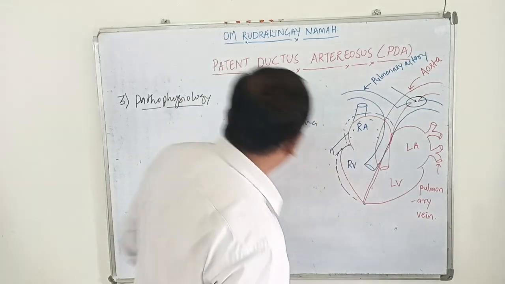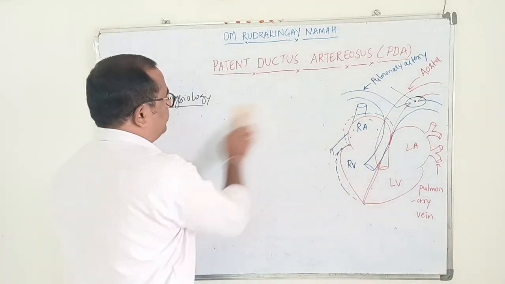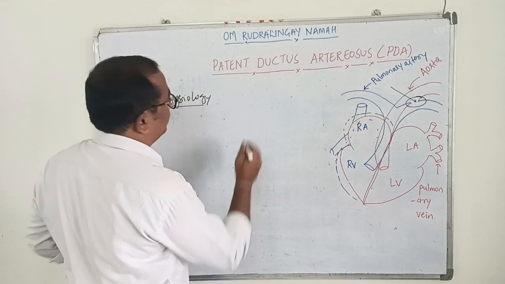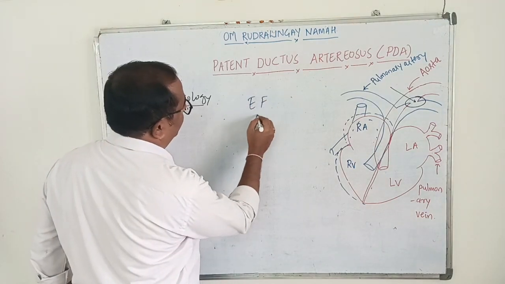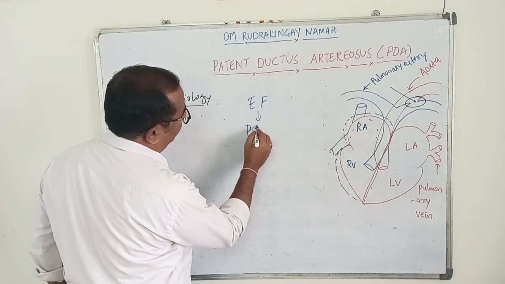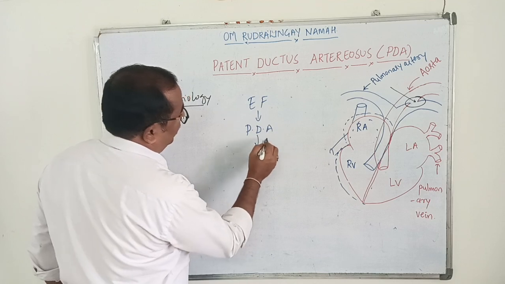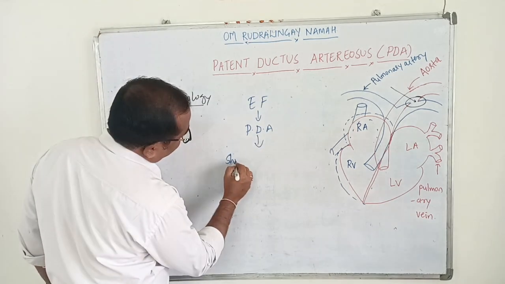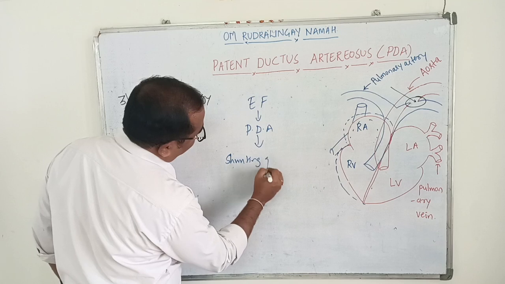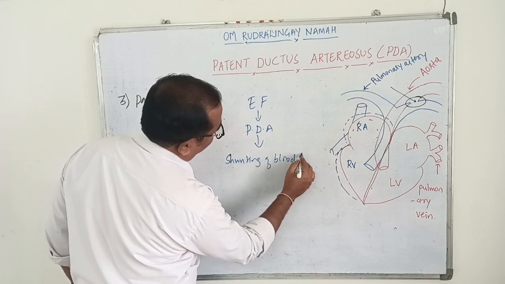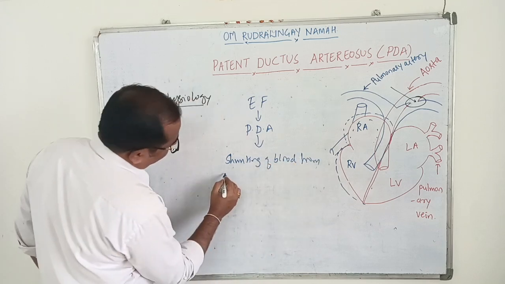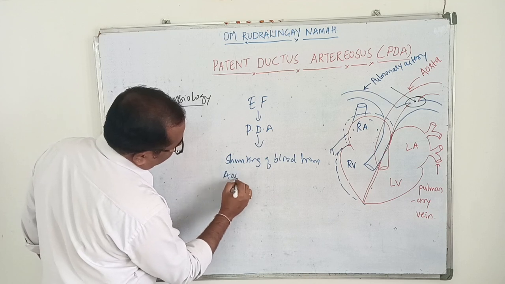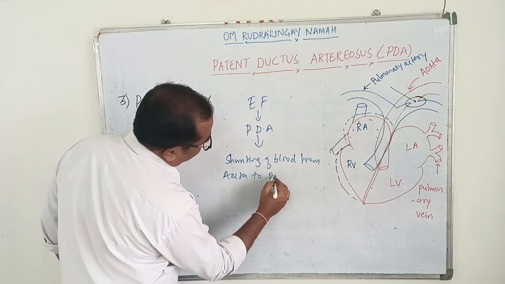Okay, and the last pathophysiology. Due to etiological factors, there is a structural deformity, that is patent ductus arteriosus. This will lead to shunting of blood from the aorta to the pulmonary artery.